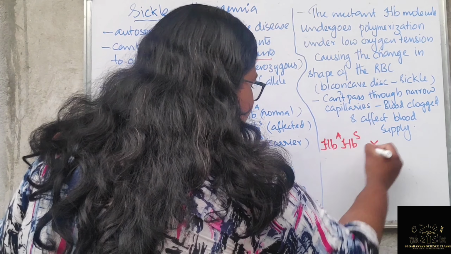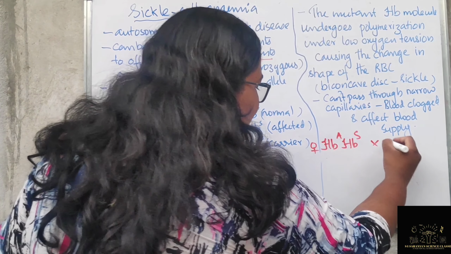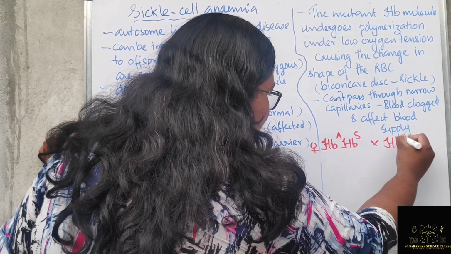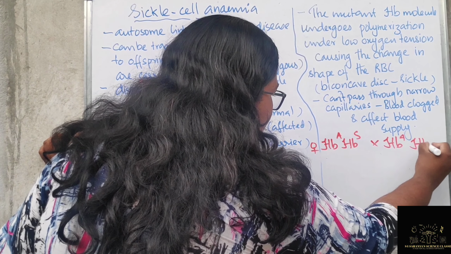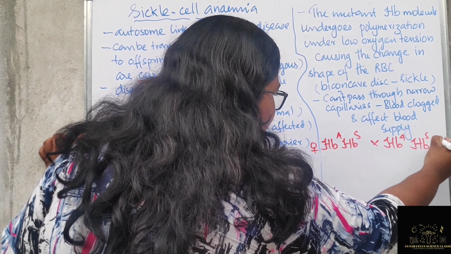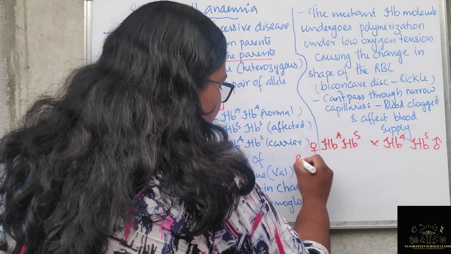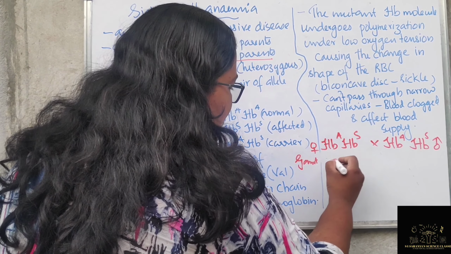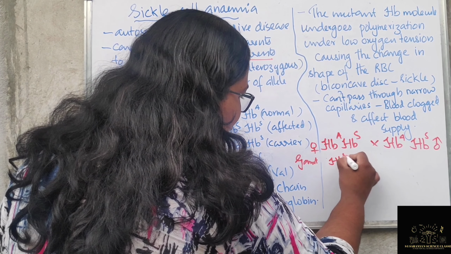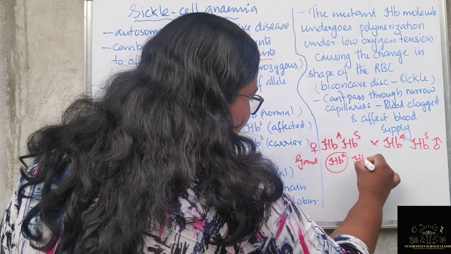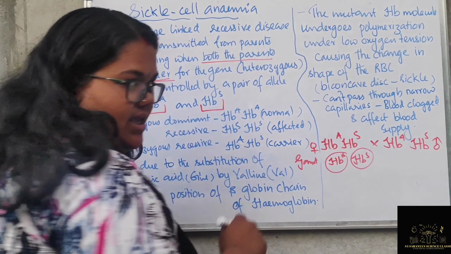So for the other parent, just take it as the female one. I am taking the male one also here, which is also autosomal. So what are the gametes formed here? The gametes will be HbA, one possibility, and another one HbS. Here also the same possibility is there.